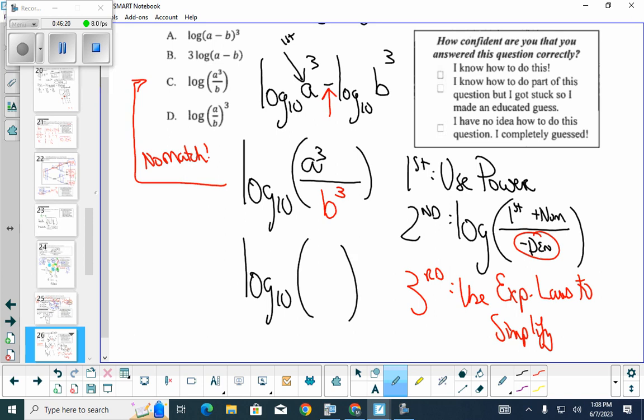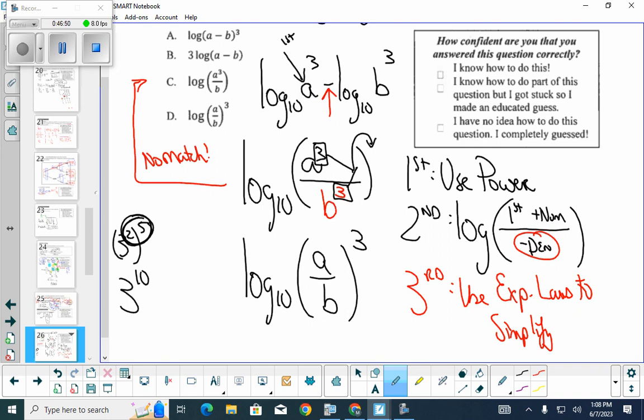So when you've got powers touching, for example, if you have 3 squared all to the 5th, what do you do with the 2 and the 5? What do you do when powers touch? Multiply. So you end up with 3 to the power of 10, right? So what we can do with this is, because both of these are the same number, we can take that power out and write it up here.